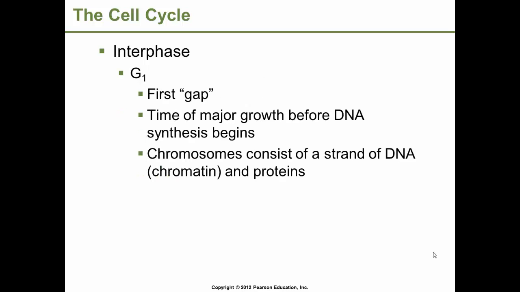Interphase, growth phase 1, first gap, is a time of major growth before DNA synthesis begins, and the chromosomes consist of a strand of DNA called chromatin and proteins. Chromatin is just the disarrayed state of DNA.